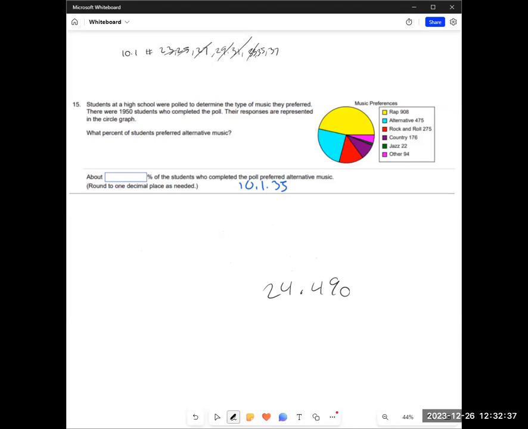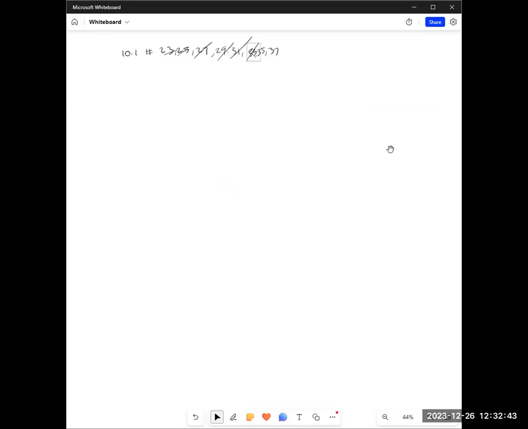See if the numbers change in the next problem. Yes, they do. So let's put same problem basically, but with new numbers in it.